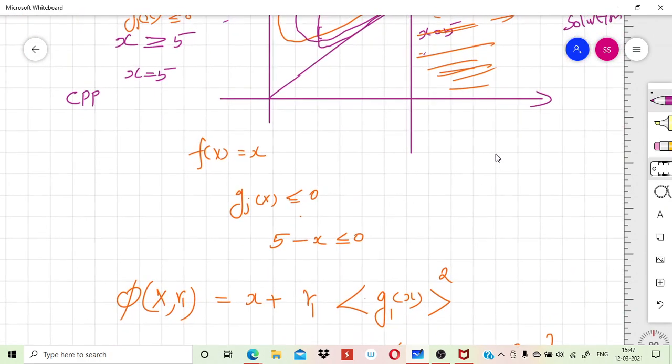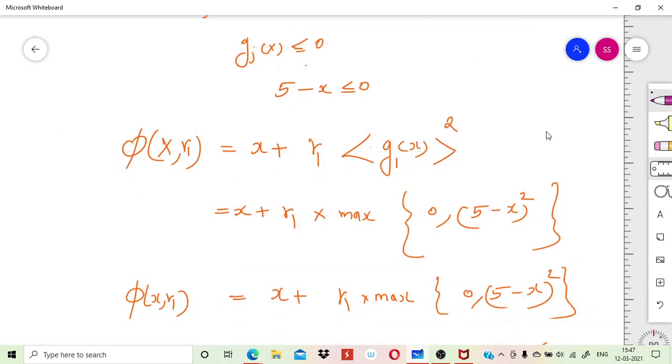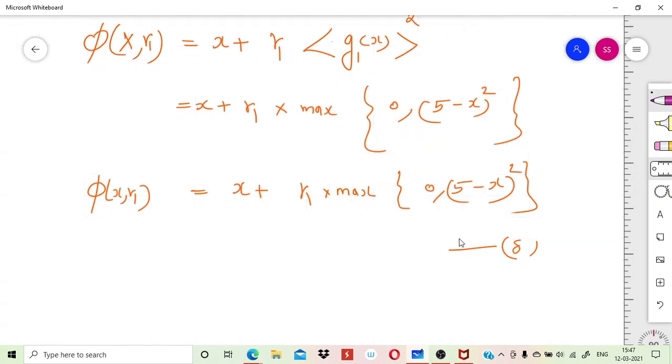In order to show that, we have taken this example.